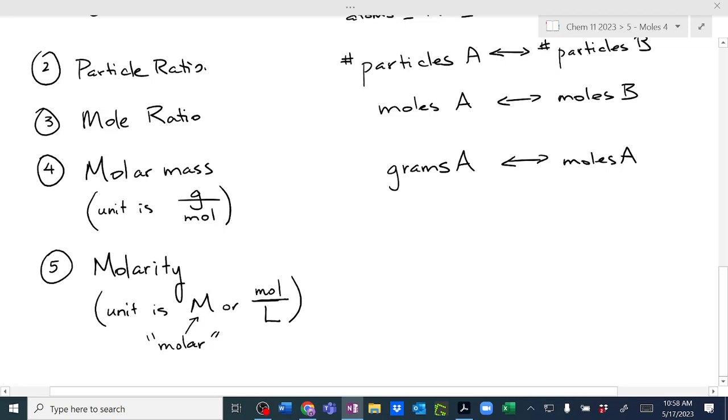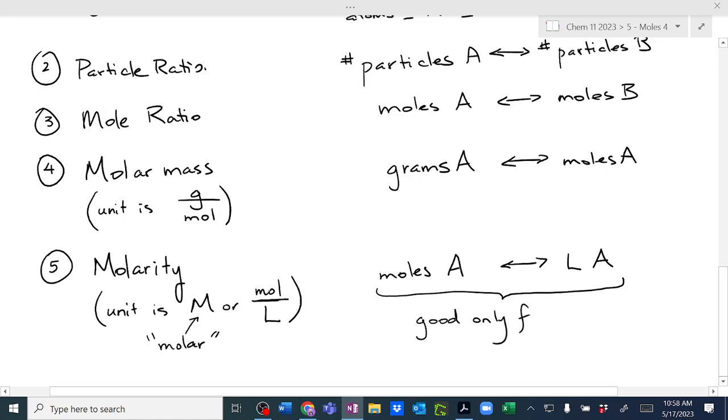What do we use it to convert between? Moles of A and liters of A. What type of substance? What state of matter is this good for? Good only for aqueous, in other words, solutions.